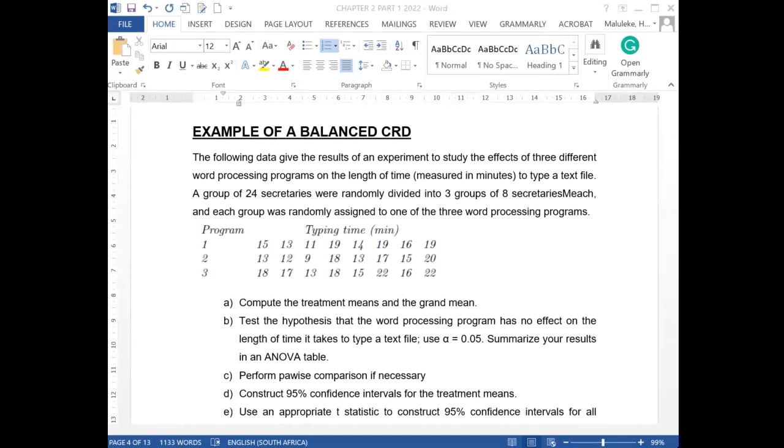My question is, you said the overall mean is 16, but if we add the 3 means, since we're having equal treatment groups, then divide by 3, I get 16.66. It's not exactly 16.